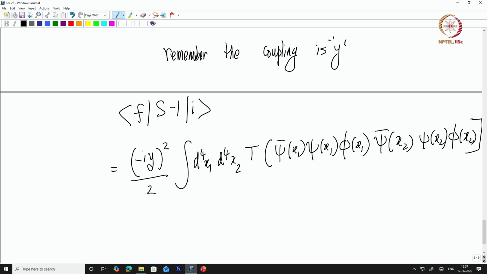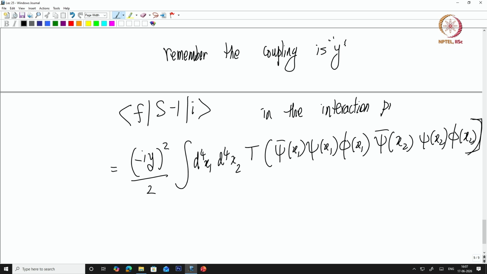This is slightly instructive to do because there are two vertices, and we'll see this in Feynman diagram language. Now you can think of the contractions. We have to do the time ordering. These are all in the interaction picture.